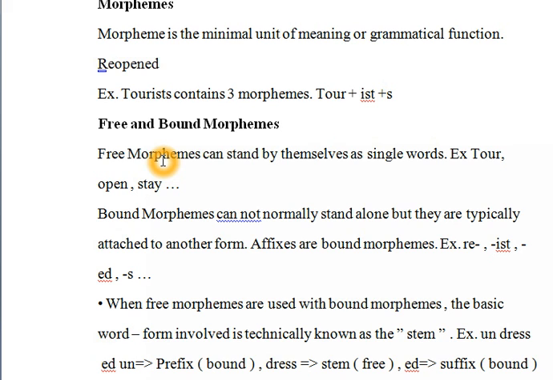Those words can stand by themselves. There's no need for new additives so that they can have a meaning. Yes, these are free morphemes.